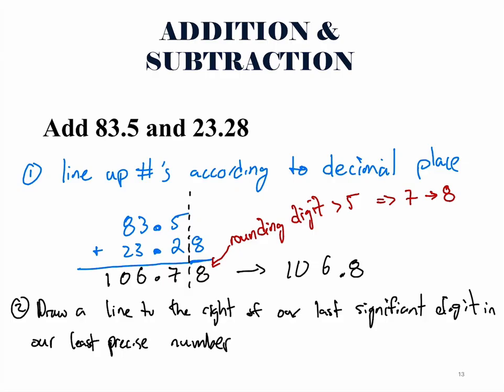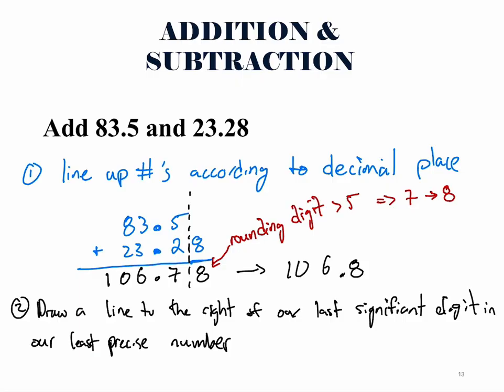With addition and subtraction, once we find the cutoff for the least precise number, that gives us our final answer. So technically, let's say these were even bigger numbers, and you had 2 sig figs and 3 sig figs here, you can end up with a number with like 5 sig figs if they just happen to line up that way. All that matters is that you're not giving an answer that's more precise than your least precise number, right?